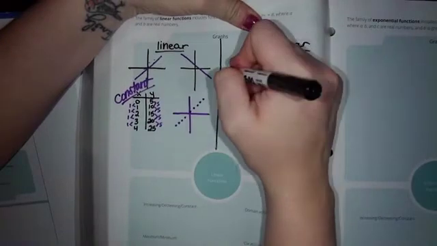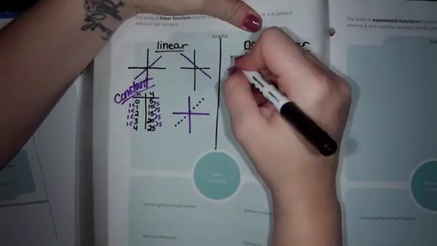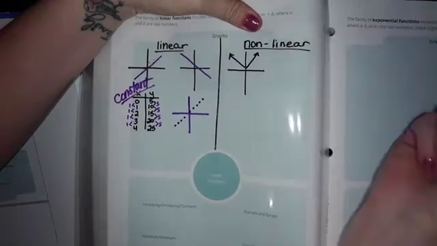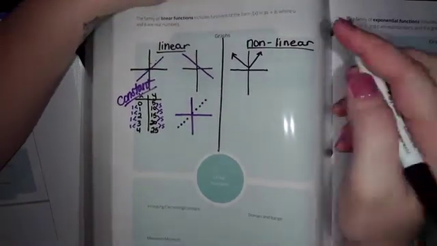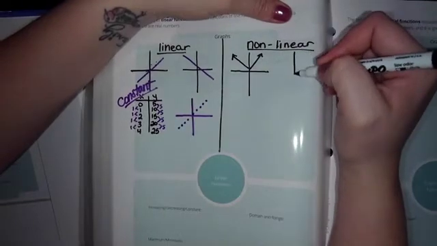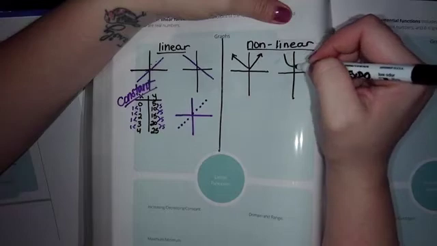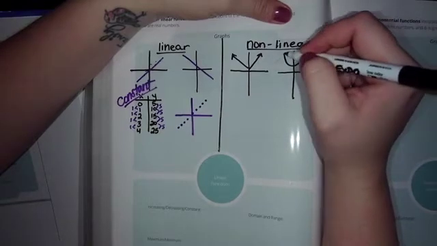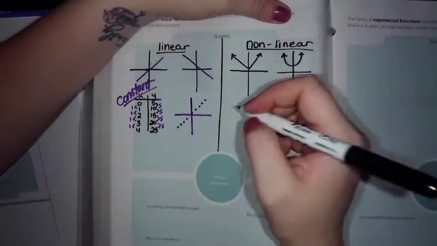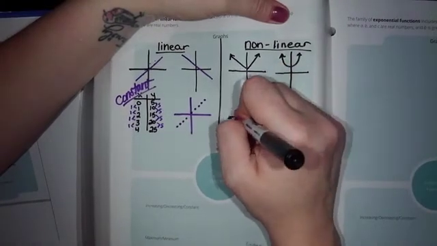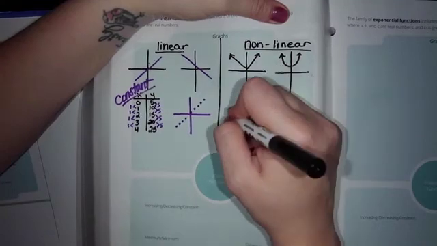Okay, nonlinear would be if it looked something like that. That's not linear. Not linear could also look like a U. That's not linear. You could have one that looked like that.